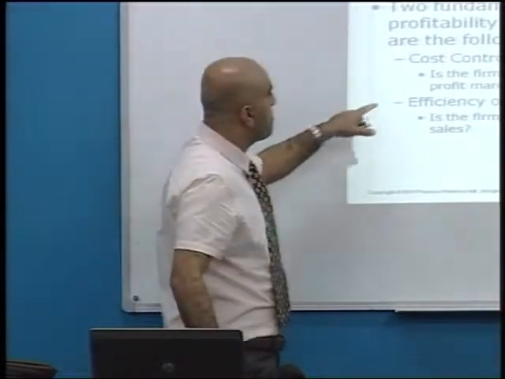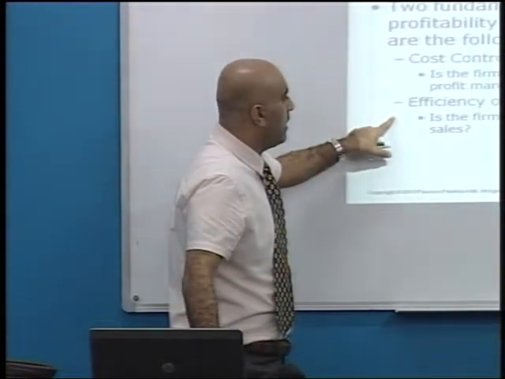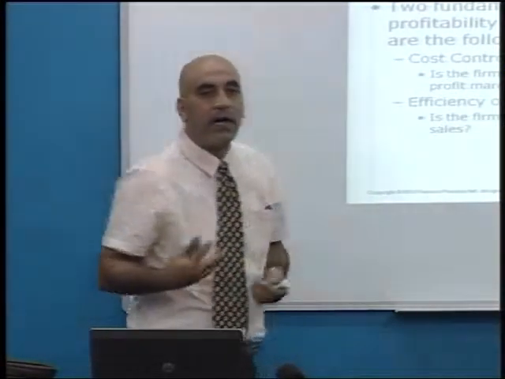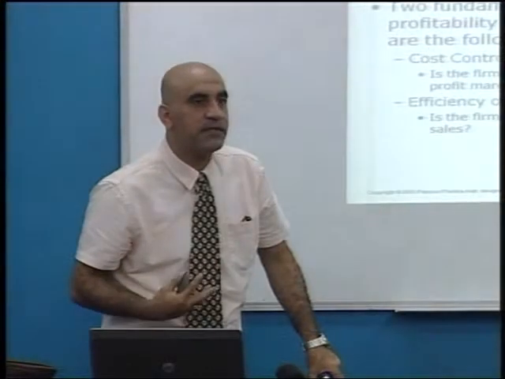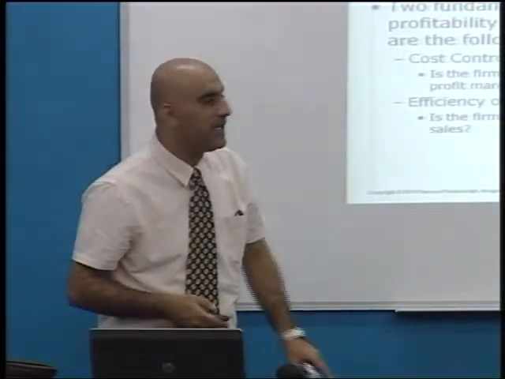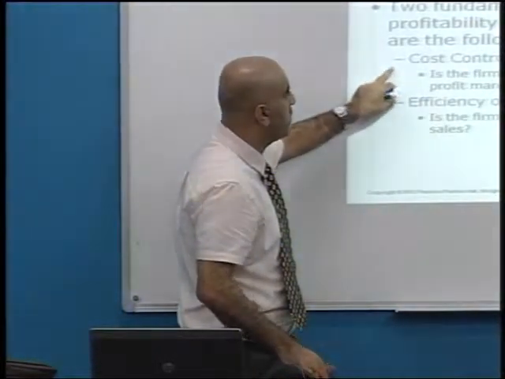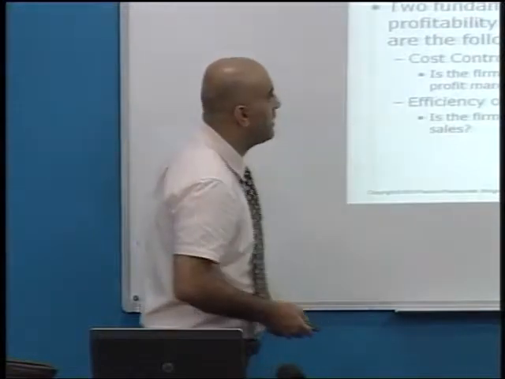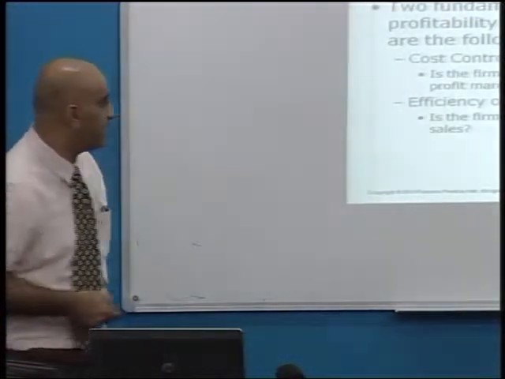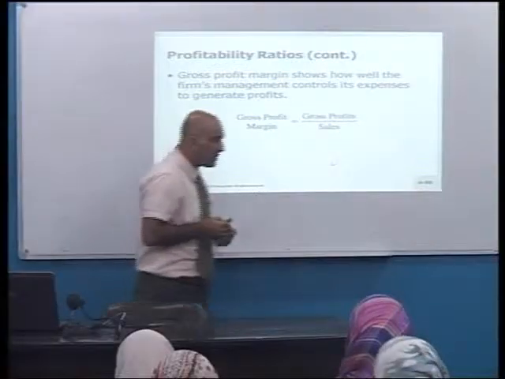Then the efficiency of asset utilization: how efficient the assets are, how we manage the equipment, the machines, the plant in generating the sales. So we are looking at two main things when estimating the profitability ratios: the cost and the efficiency of asset utilization. The first one is the gross profit margin.